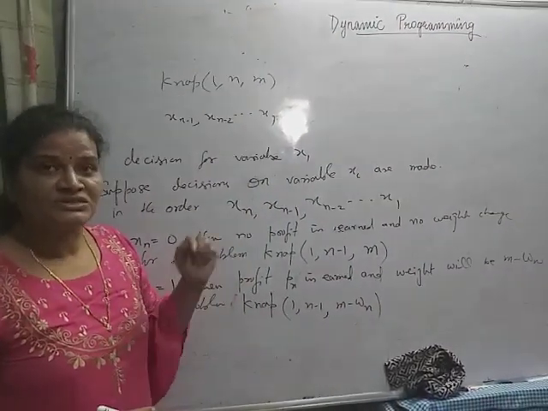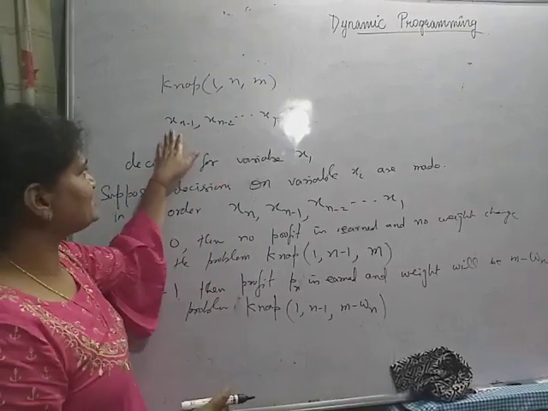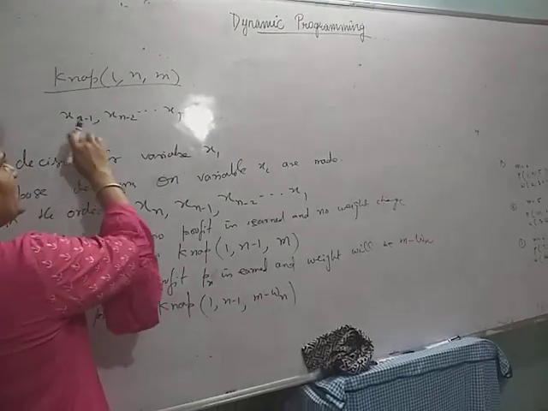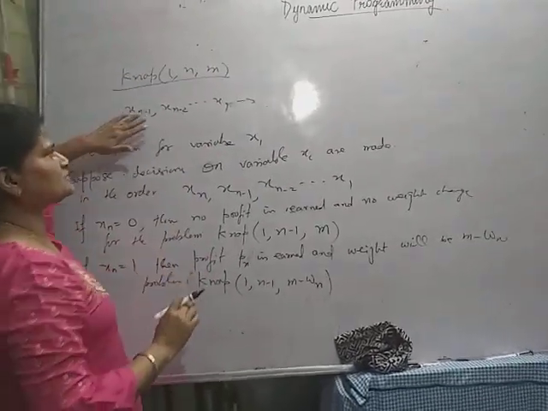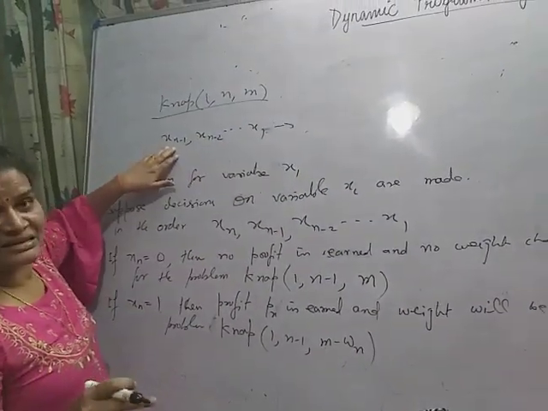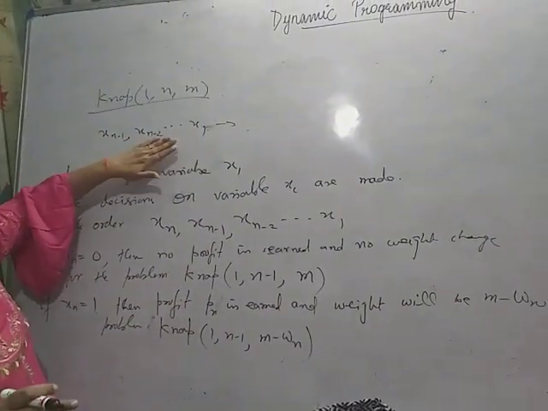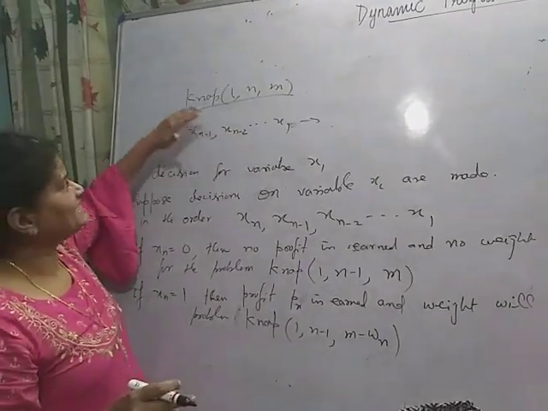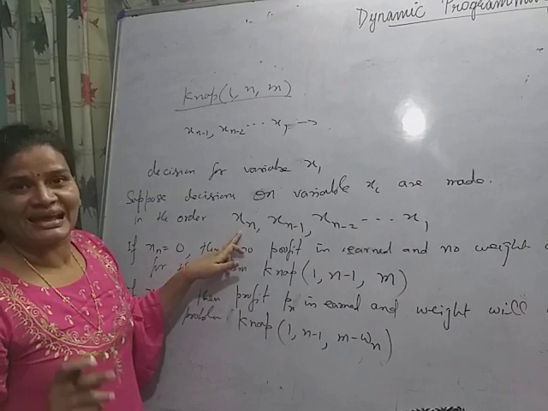If that is not the case, then the problem is converted. Previously this was the problem, and xn minus 1, xn minus 2, to x1 is the remaining decision sequence with respect to the decision made for xn.